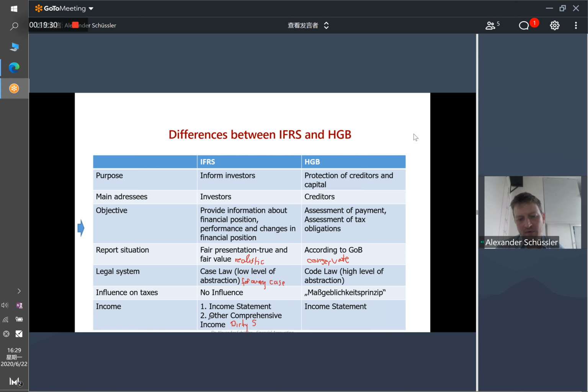Yeah, there is some that goes through other comprehensive income. Yeah, the dirty surplus.